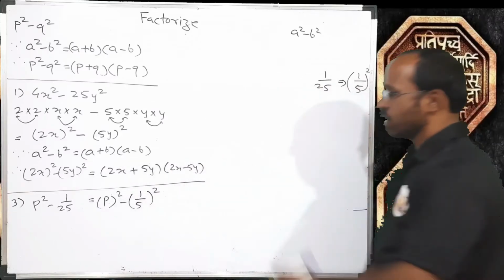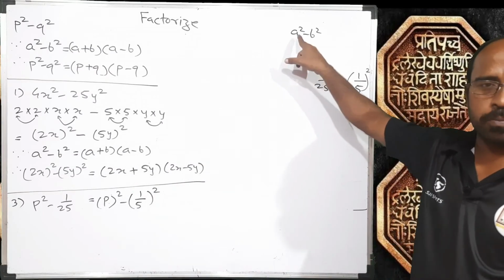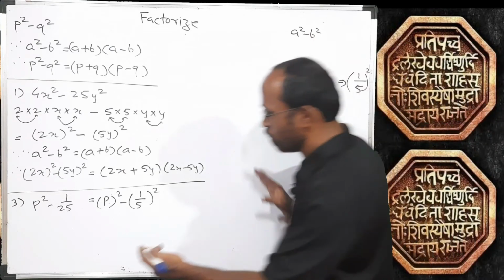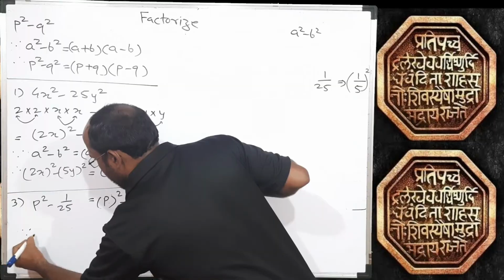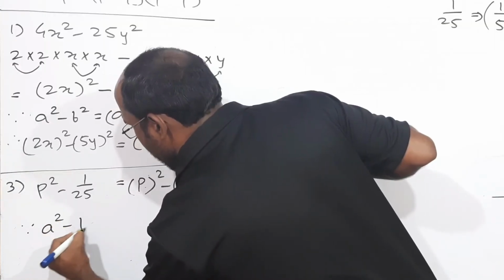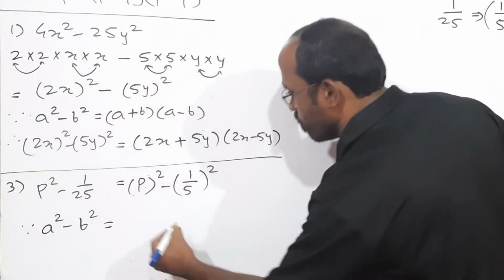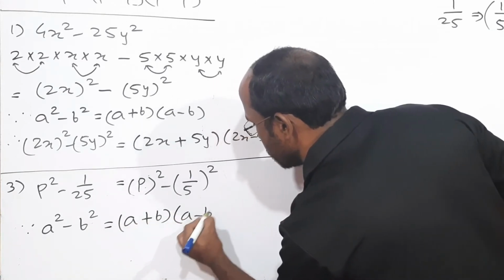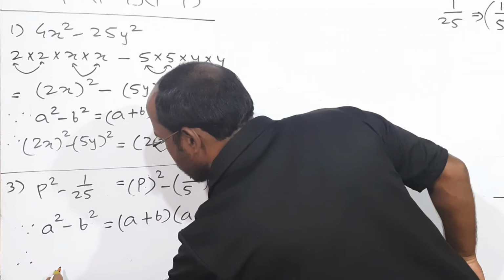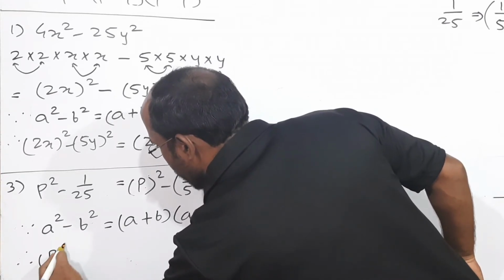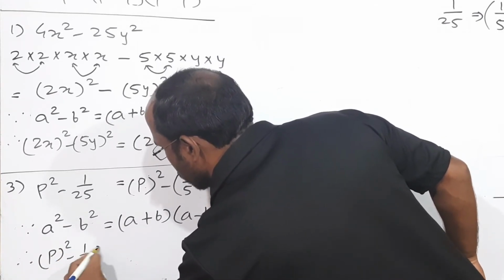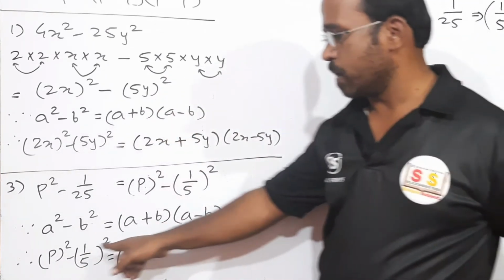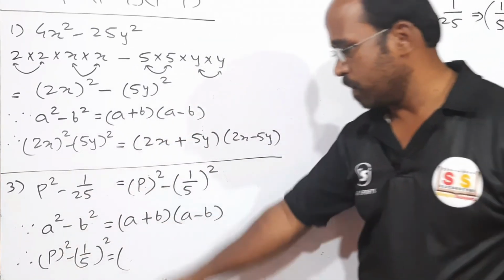Now it is converted in the type of a square minus b square. Clear up to this? So let us use the formula. If a square minus b square is equal to a plus b into a minus b, then p square minus (1 upon 5) square is equal to, at the place of a replace p, at the place of b replace 1 upon 5.